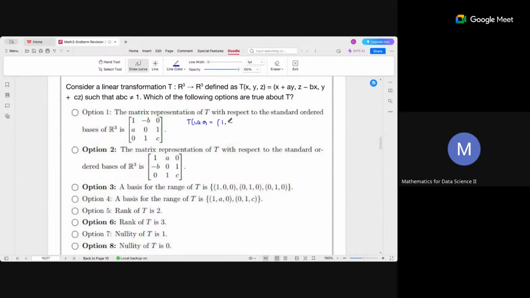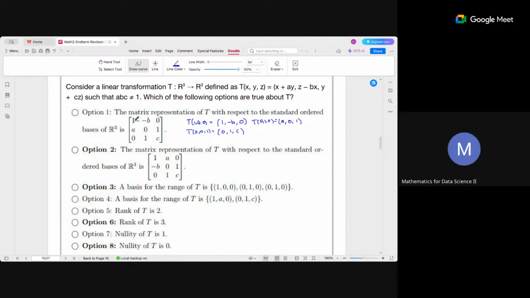It is (1 minus B, minus B, 0). T of (0, 1, 0) is (A, 0, 1), and T of (0, 0, 1) is (0, 0, C).